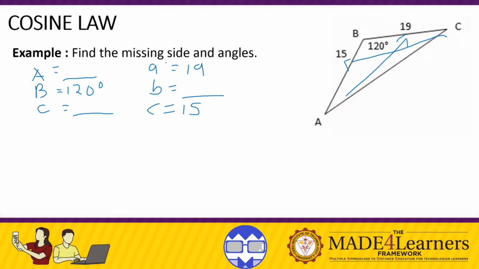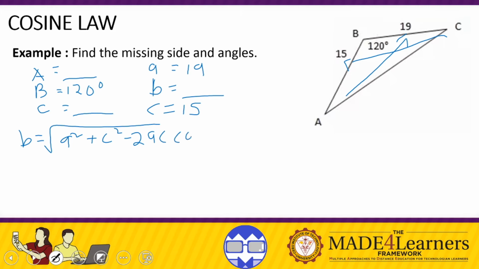It's because solving for the sides first is more efficient in cosine law, unless there are some missing sides, like for example, two sides are missing, then we're forced to solve for the angle first. So we'll use B equals square root of A squared plus C squared minus 2AC cos of the angle with the same letter, so cos B.